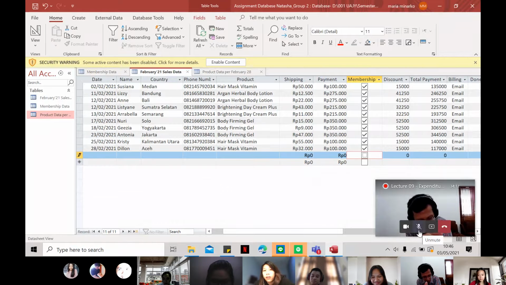So the customer can mention or present their card number. And then if the card number exists or is filled in, they will get the discount automatically. We can try after. Okay, yeah, that's my suggestion.